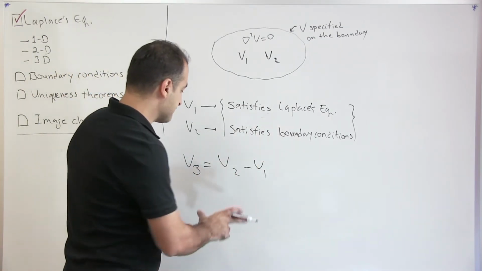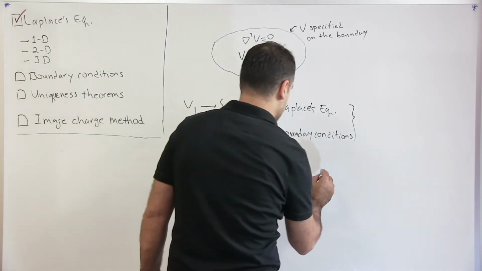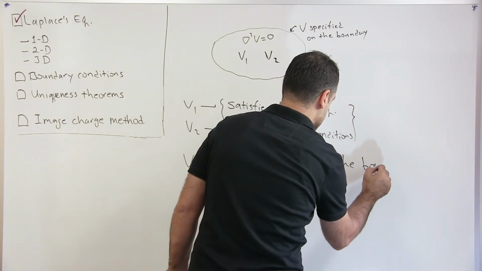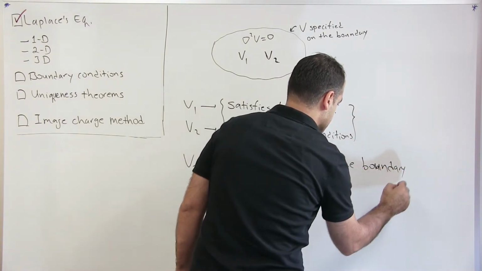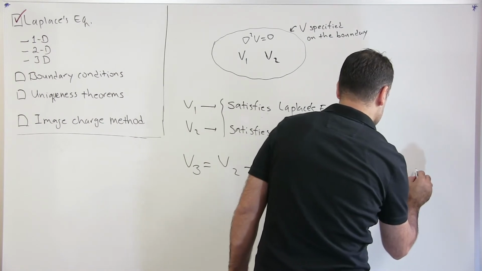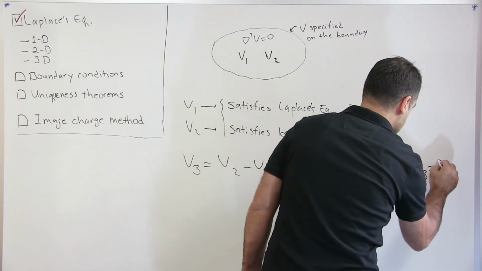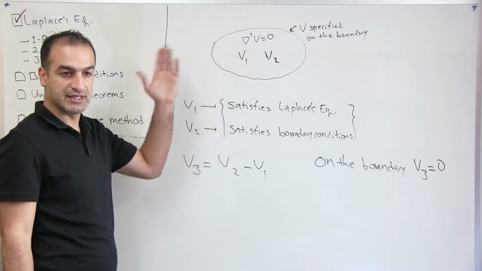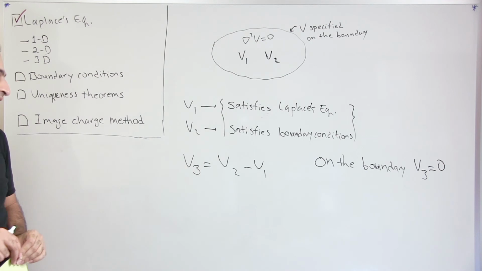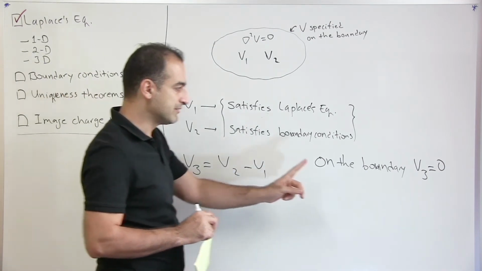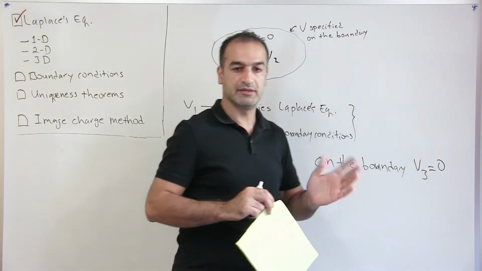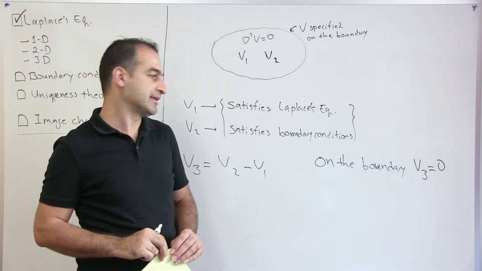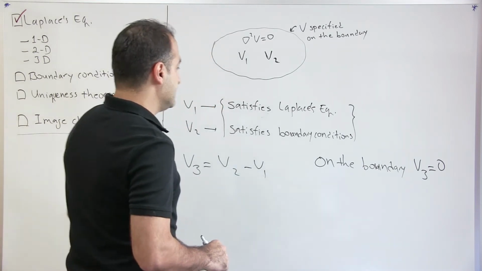So from this one, I can directly say that on the boundary, V3 must be zero, because V1 and V2 are satisfying the same boundary condition, and if V3 is the difference between them, V3 must be zero at the boundary. Make sense? So now V3 is zero at the boundary.